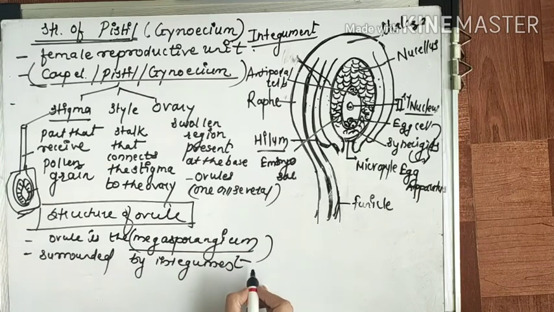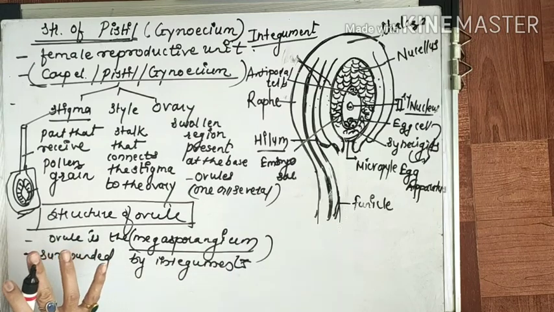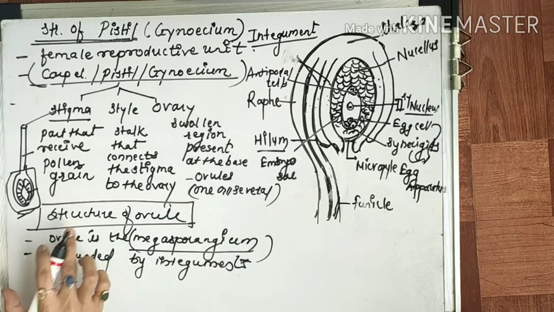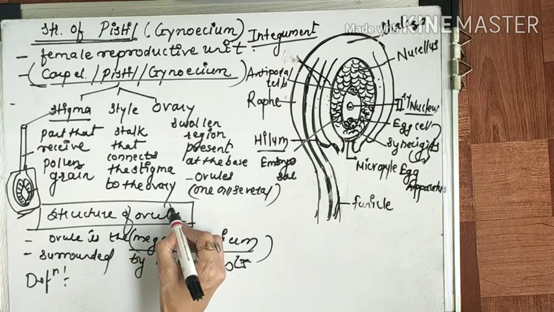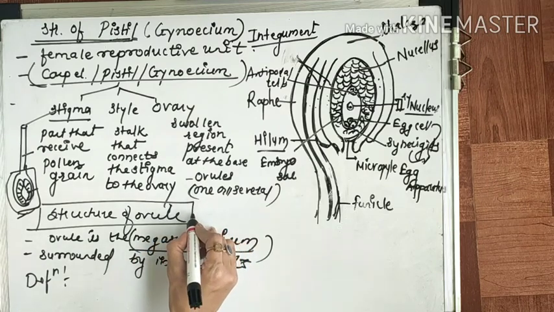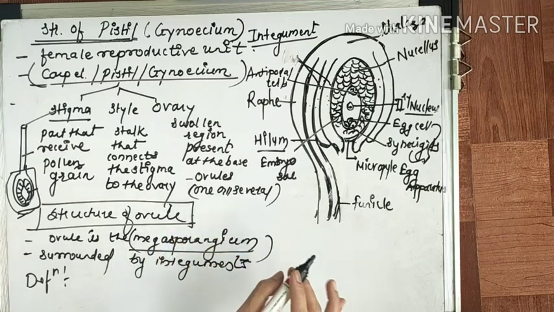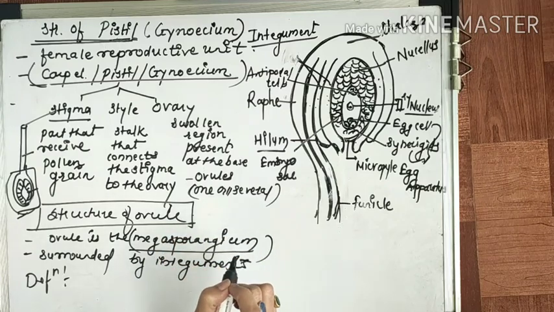So what exactly is the definition of ovule? Ovule is an integumented small megasporangium of a seed bearing plant. If in an exam there is a question, define the ovule, how can we write this answer?